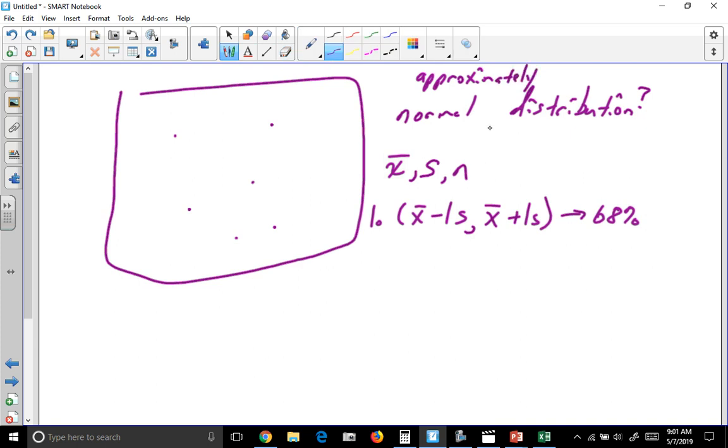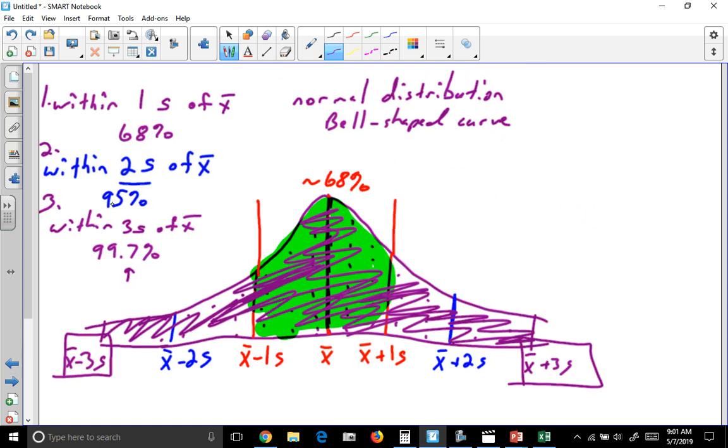So I might say you have to be within 5% of the empirical rule. So the empirical rule is what we talked about over here. This is the rule for being a normal distribution. So if we meet those three criteria, then we have met the empirical rule.